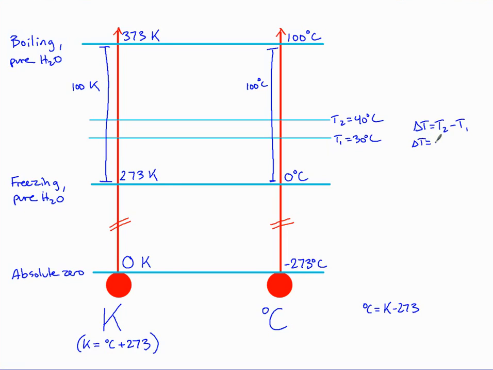And so delta T is 40 degrees Celsius minus 30 degrees Celsius. And the change in temperature is 10 degrees Celsius. Or you could say positive 10 degrees Celsius. It went up by 10.